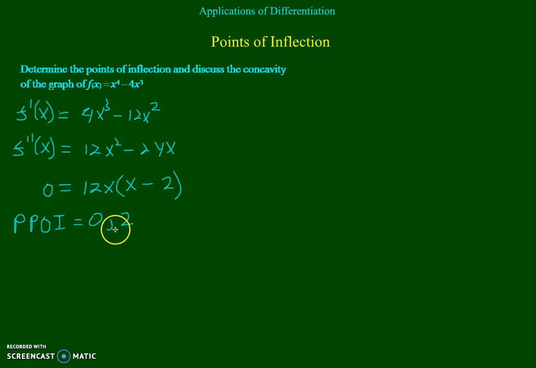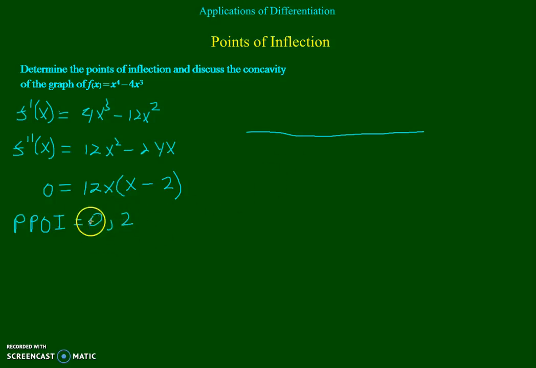And I say potential points of inflection because we're going to determine now if the concavity of this function actually changes at these points. And this is very closely related to what we did with the first derivative test, except in this case we're going to be using the second derivative. We're not going to be using critical numbers.